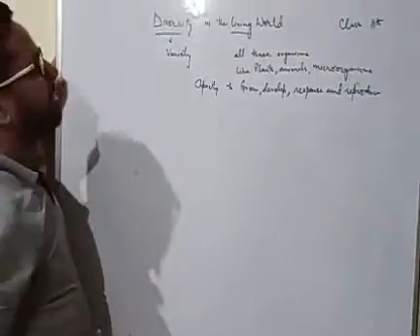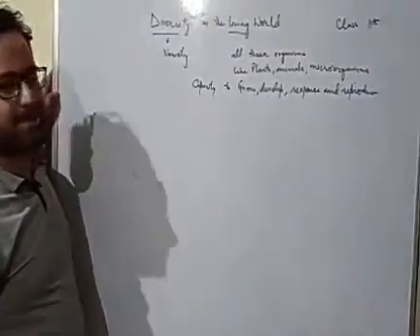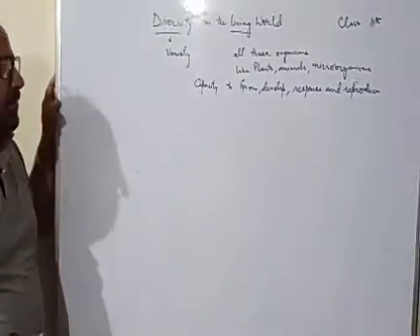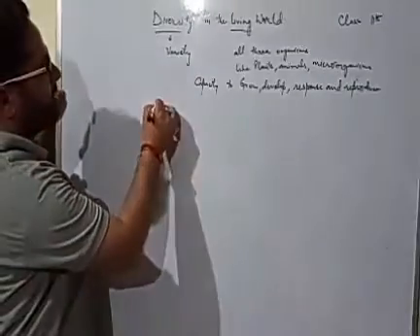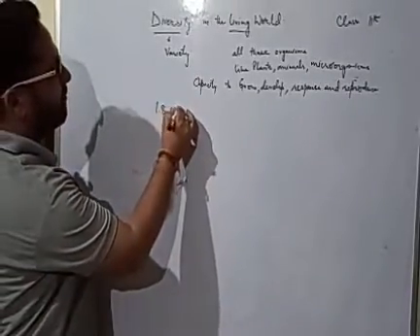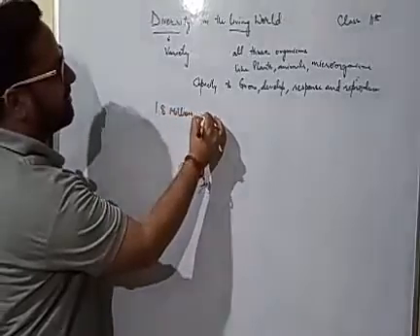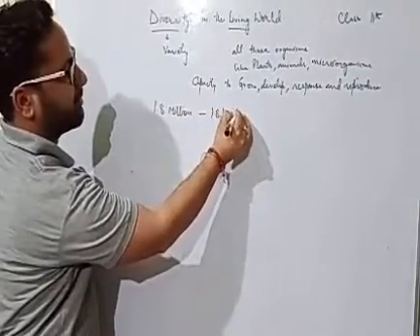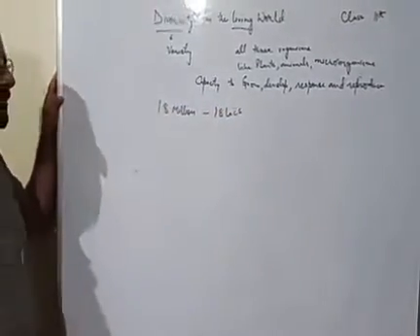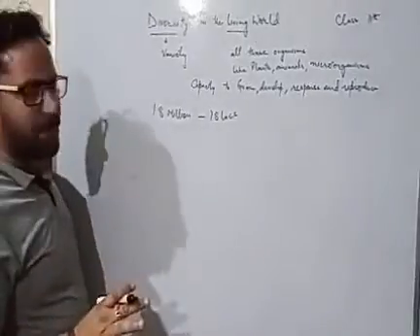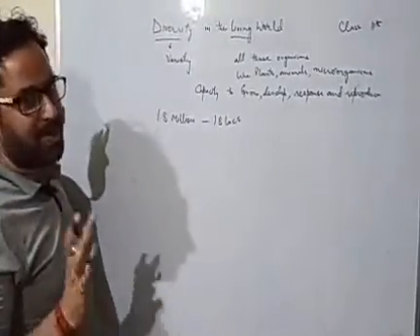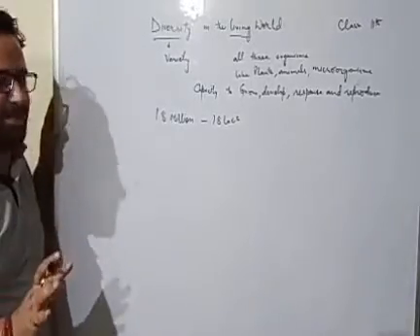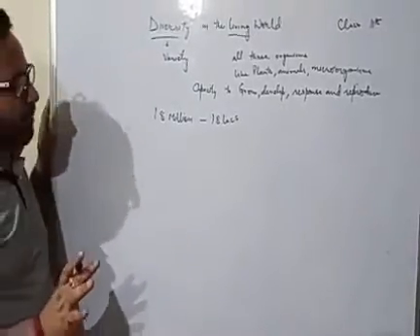So there is a huge variety of living organisms on this earth. At present, near about 1.8 million, means 18 lakh species are there on earth. Till today, they are identified, named as per scientific binomial nomenclature and classified.